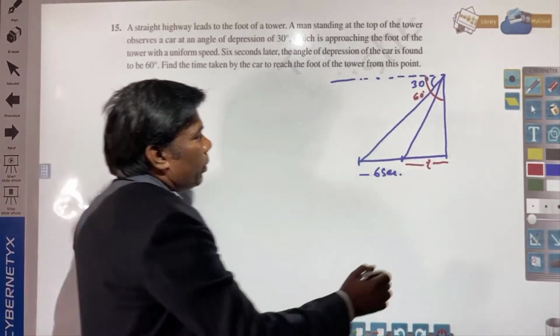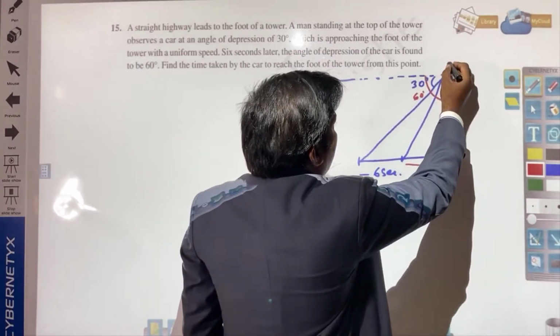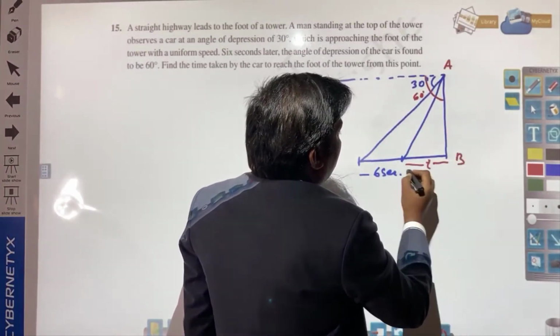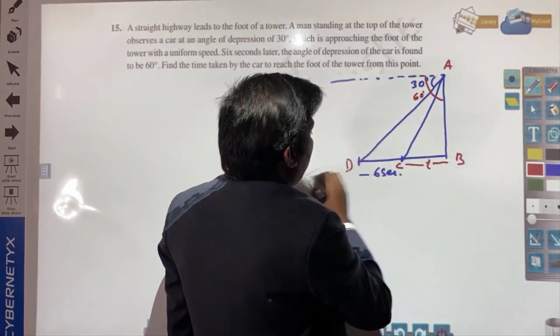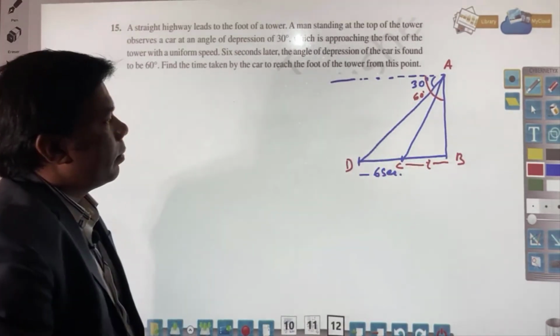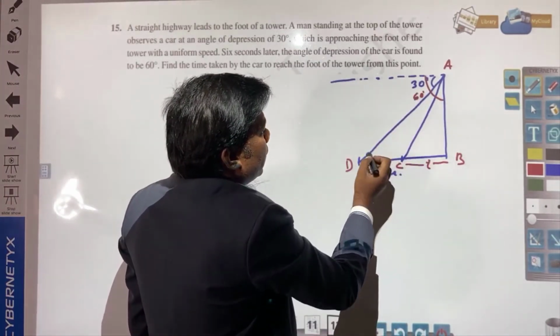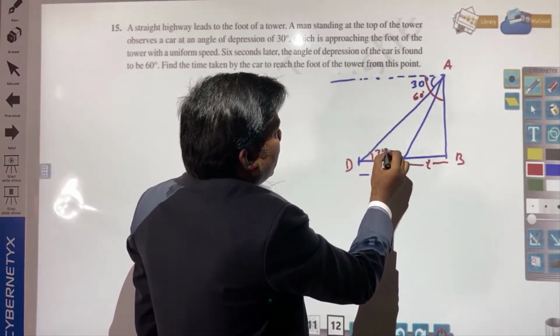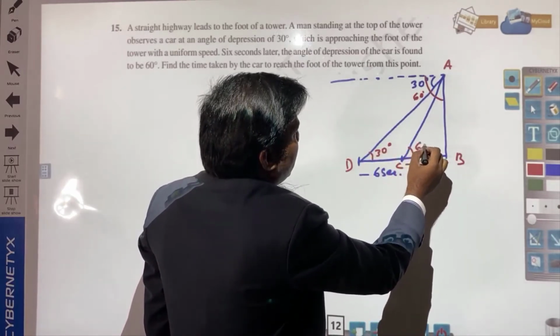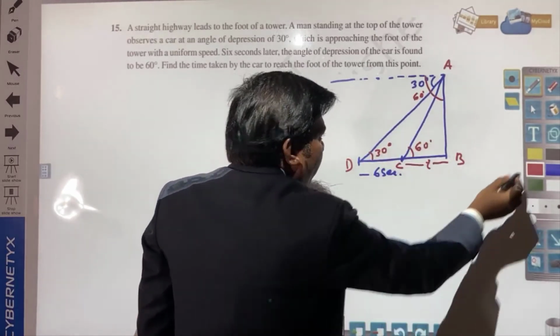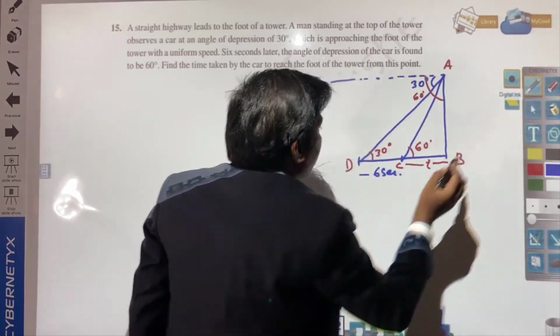So first you name it. Suppose this is A, B, C and D you have. So since again alternate interior angle it is, this will be 30 degree and this will be 60 degree. So here you see how we solve.